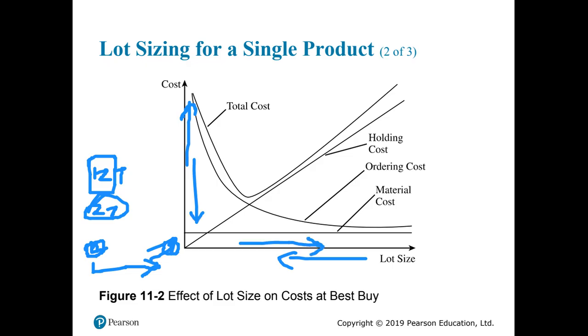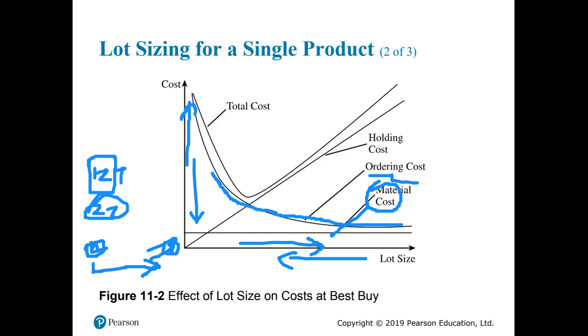Then we see the material cost, they remain steady. This is our assumption, and then we assume that the ordering cost will also lower with the lot size, and it will increase when the order size is reduced.